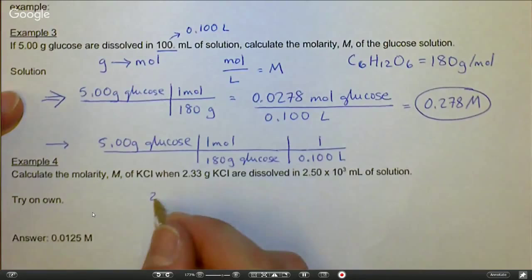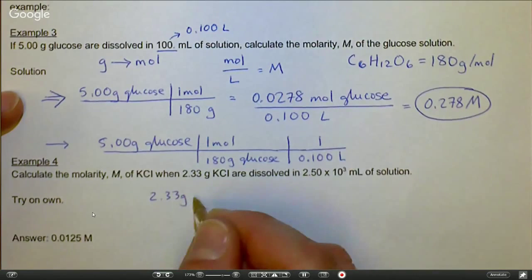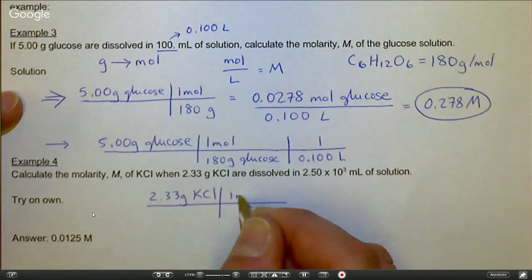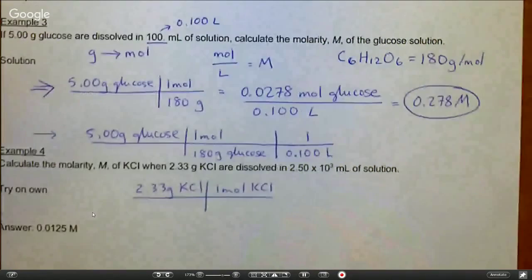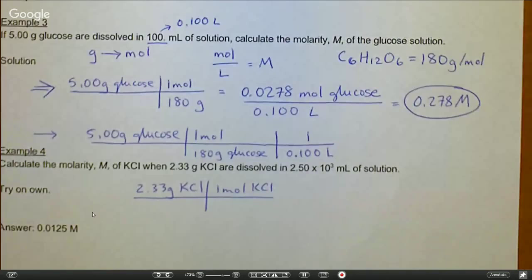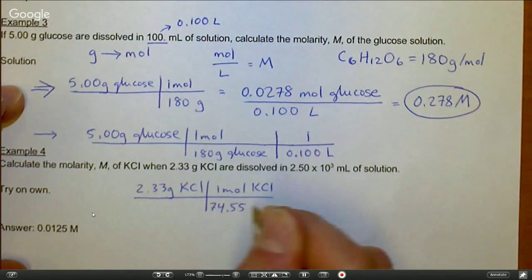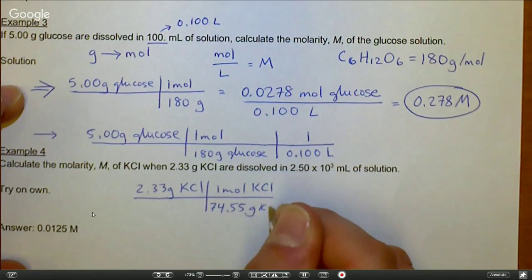The way we go about it, we have the 2.33 grams of KCl. 1 mole of KCl has 74.55 grams per that 1 mole.